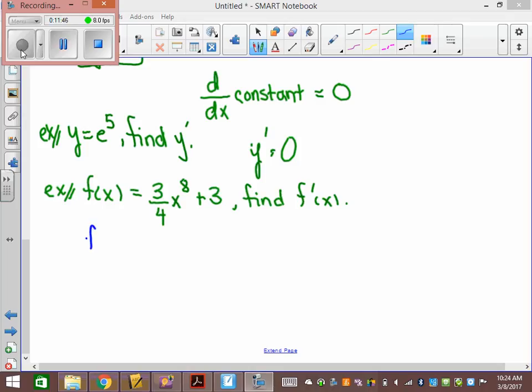So f prime of x equals, take the 8, drop it in front, multiply it by the 3/4, x, drop the exponent by 1, so it'll be 7. And what does plus 3 become? 0. So do I have to write it? No. Now this is 8 over 1, so we're going to do proper math. We're going to do 8 times 3, which is 24, divided by 4, which is actually 6x to the 7. Done.